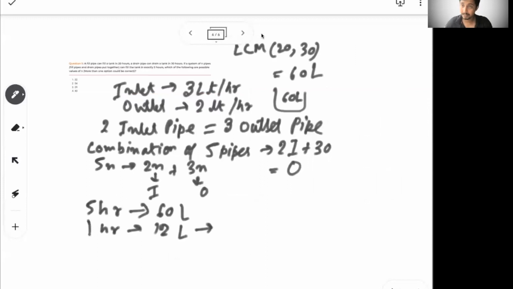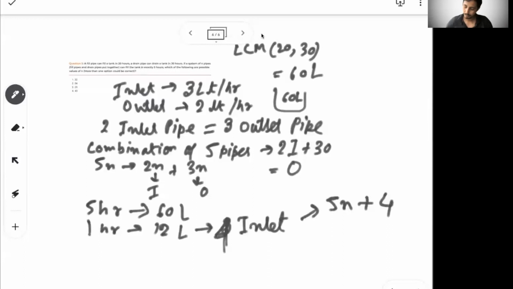Considering just inlet pipes, sorry, not three inlet, I need four inlet, because each inlet does 3 liter per hour. So for 12 liter per hour, I need four inlet pipes. So I need a combination of 5n pipes, the inlet plus outlet, plus 4 inlet pipes. So this should be your information.